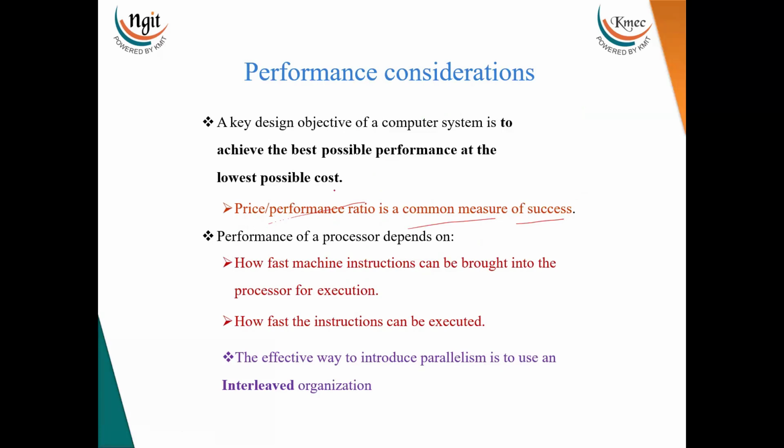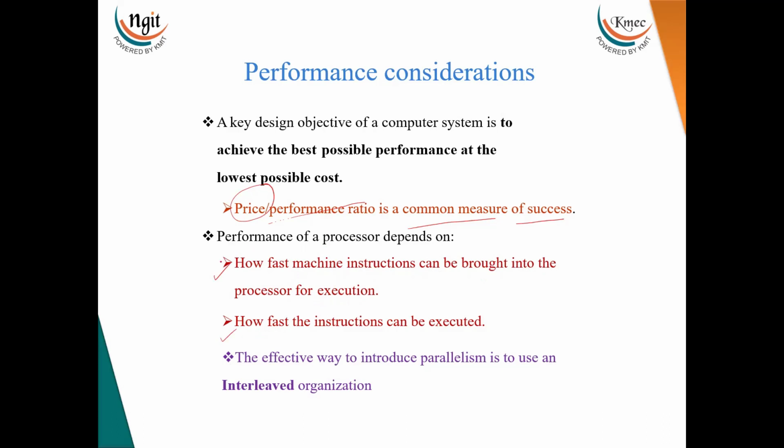To improve the overall performance rate while keeping the price constant, two methods are given. One is how fast machine instructions can be brought into the processor for execution, and the second is how fast the instructions can be executed.